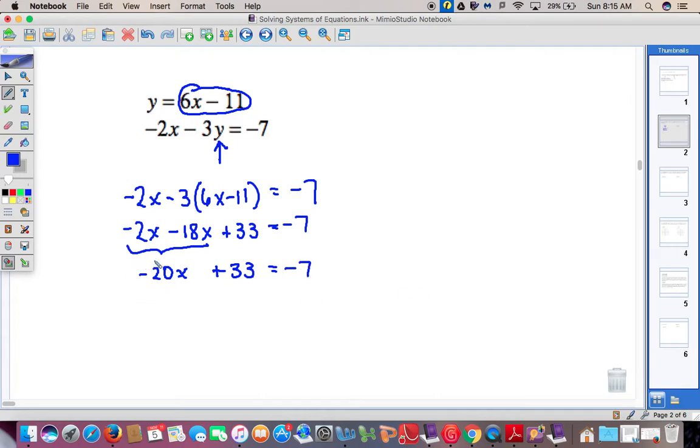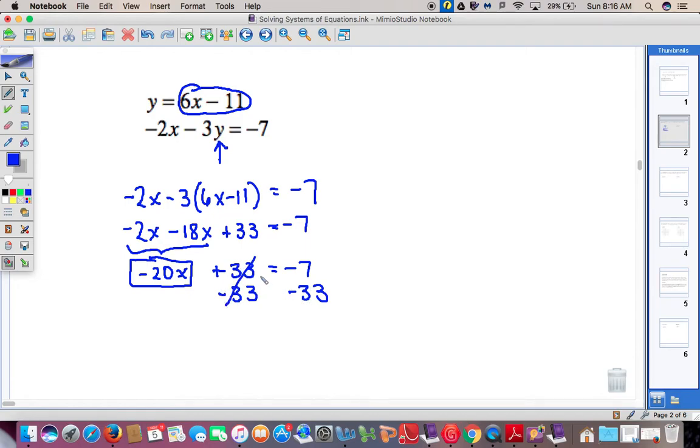Now I want to isolate my variable term on the left side of my equation, so I have to move this positive 33. I'm going to move it from one side of my equation to the other by doing the opposite. I'm currently adding, so I need to subtract. I will subtract 33 from each side.